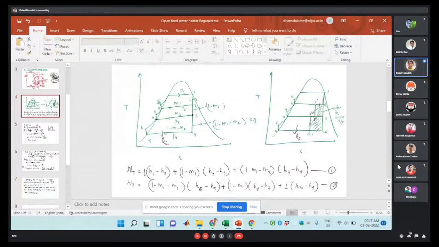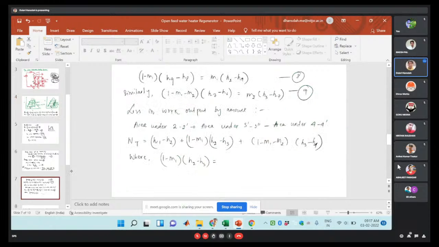So here the m1, this amount of fluid is utilized, so heat loss is there by your heater with the help of the heater too. So in this case, the expansion will become it is the H2 dash minus H3 dash. Okay, so this is your H2 dash minus H3 dash.